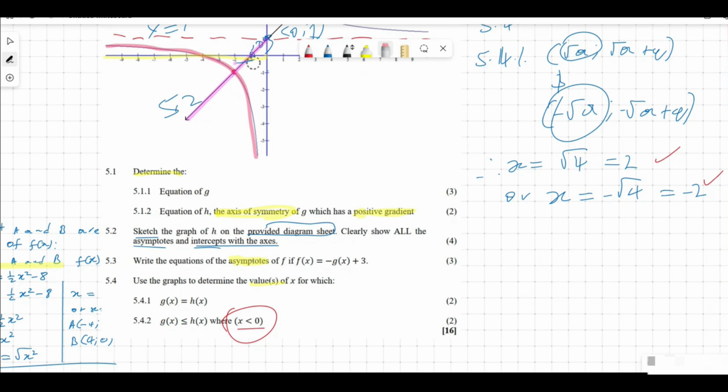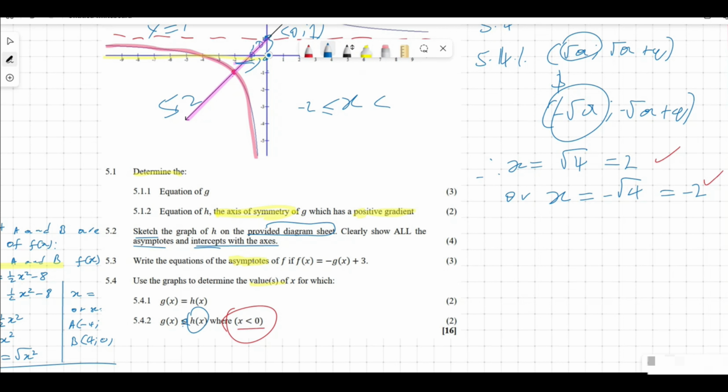If we look from this point, which is -2, going that side up to the origin, the graph of h is greater than g. So the point x is greater than or equal to -2. Where is -2? There, it's where we start here. You see that? And then less than what?